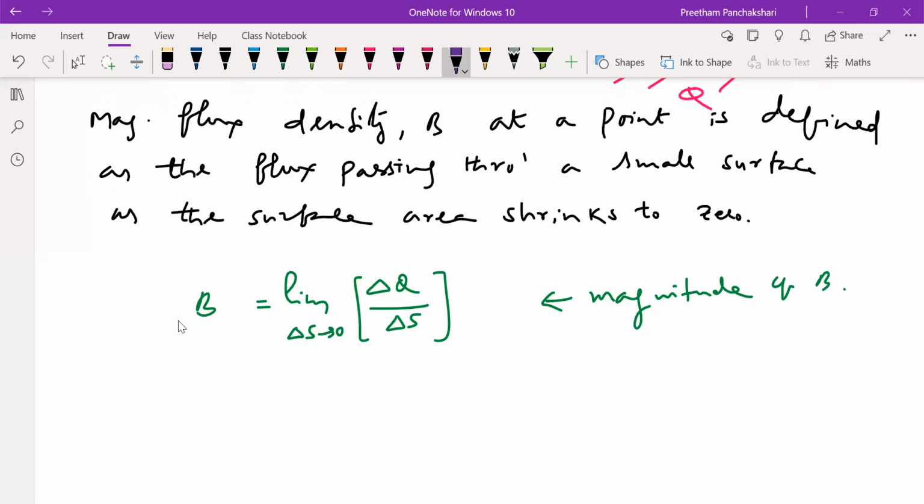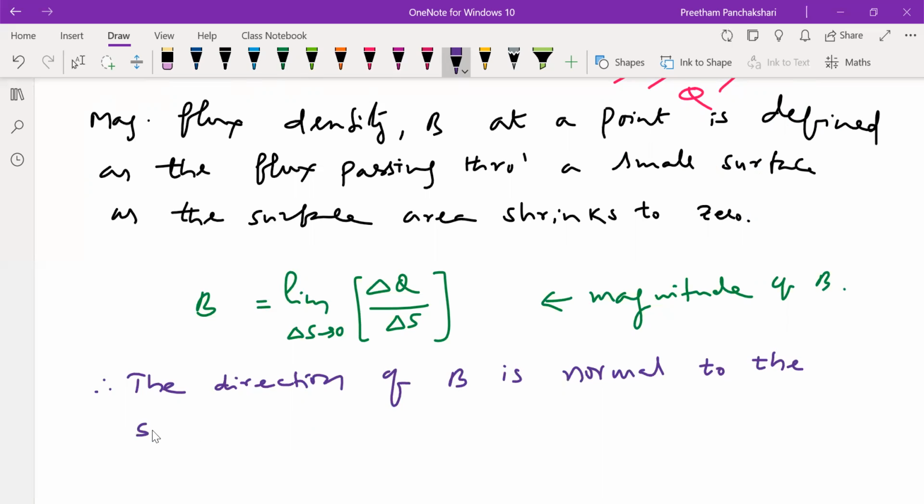So B is a vector, and its direction is given by the direction of the surface S. Therefore, the direction of B is always normal to the surface delta S.